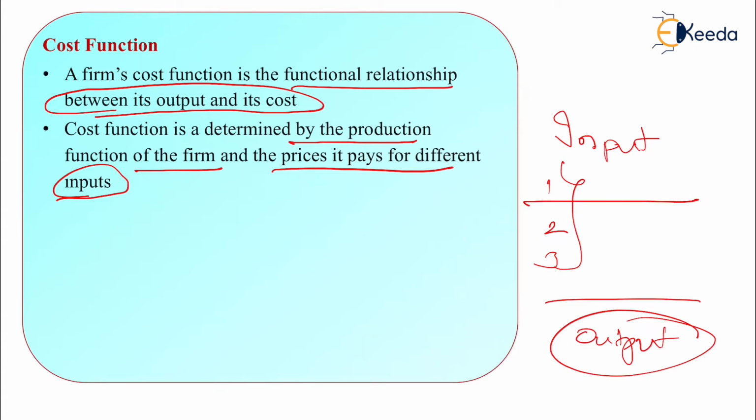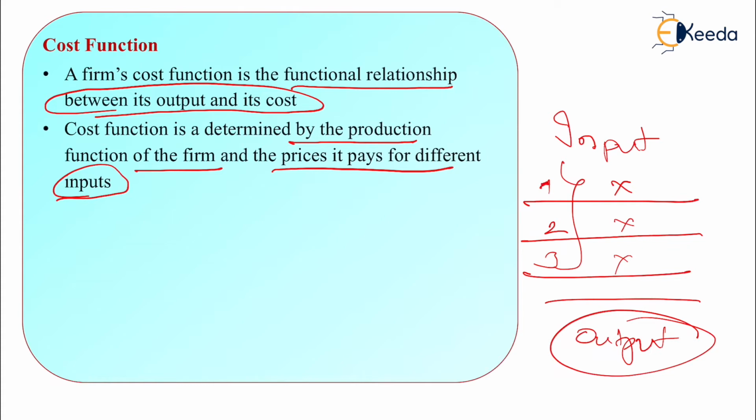Input 1 will be of different cost, input 2 will be of different cost, input 3 will be of different cost. The quantity required will also differ, like we require raw material here. Raw material can be of different sizes, different quantities, and different qualities as well. Qualities will affect the price, quantities will determine the number of products that we have to produce.